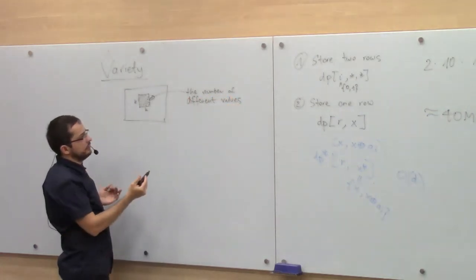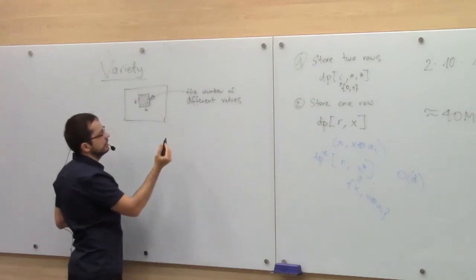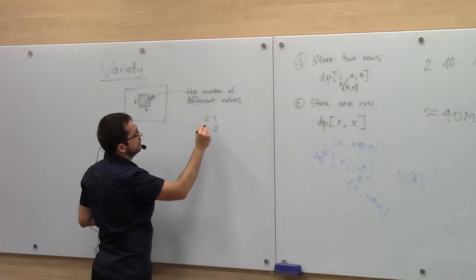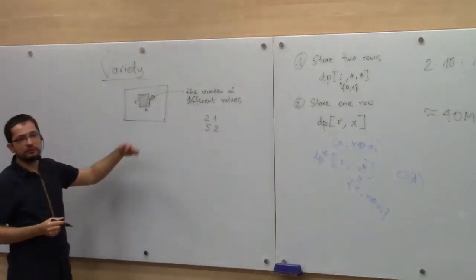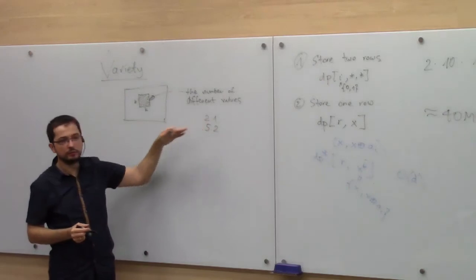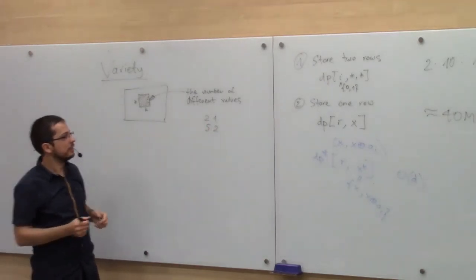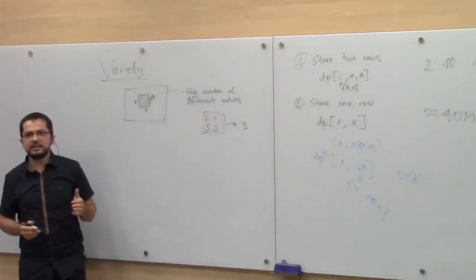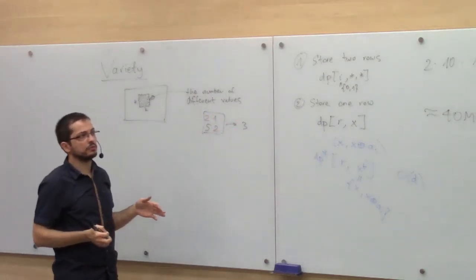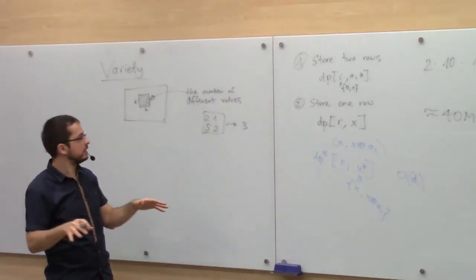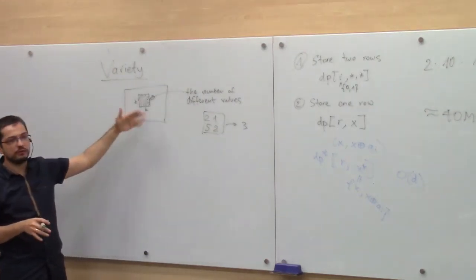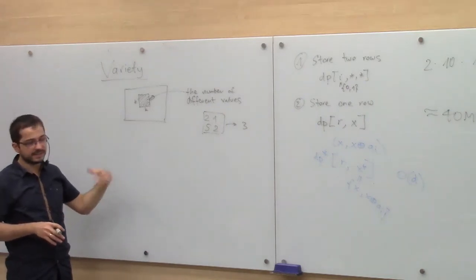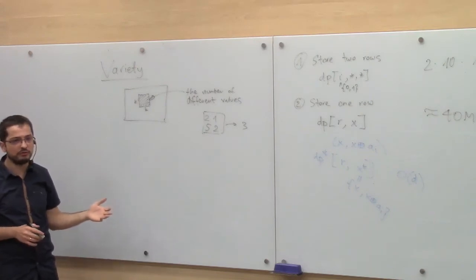So, for instance, if we have a square of size 2, and the square looks like this, then we have 3 different values. We have 1, we have 2, and we have 5. So for this square, the answer is 3. In the task statement, if we calculate it for every possible square, we were asked about the sum of these numbers and the maximum of these numbers.